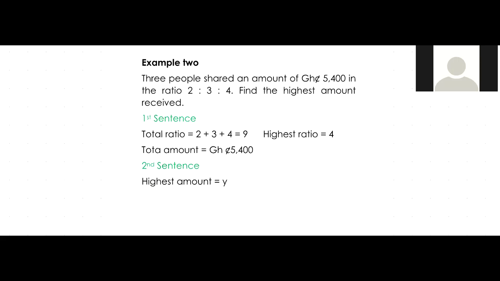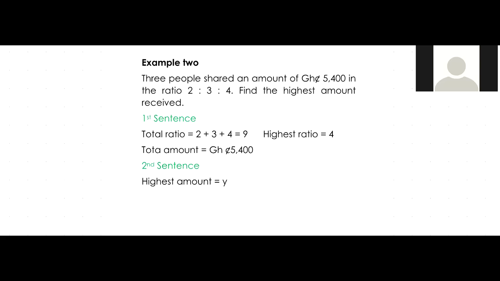Let's consider the second example. 3 people shared an amount of 5,400 in the ratio 2:3:4. Find the highest amount received. So from the very first sentence, we can look out for the total ratio, which is 2 plus 3 plus 4, which is equal to 9.